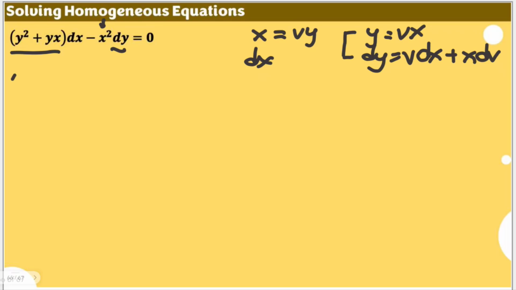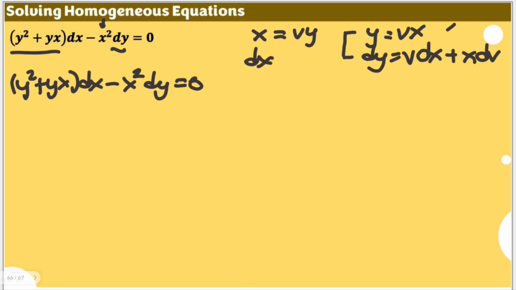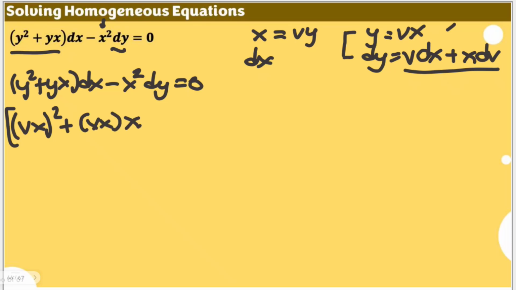So we have here (y squared plus yx) dx minus x squared dy equal to 0. And again, we're going to let y equal vx and dy equal to this expression. So y, that's actually vx, or the square of y, or the square of vx, plus another y, which is vx, times x.